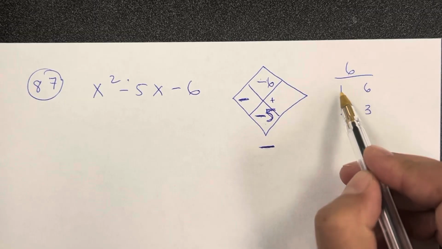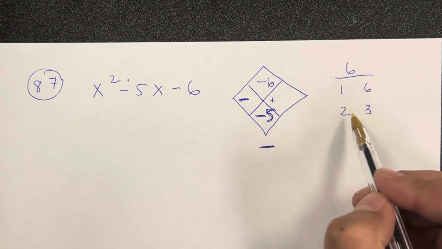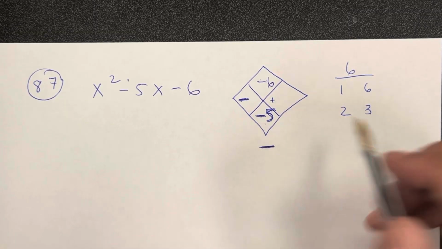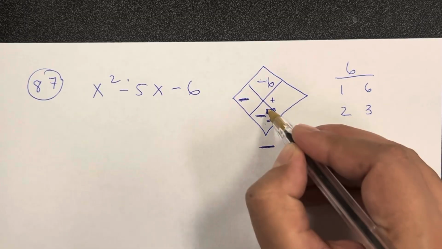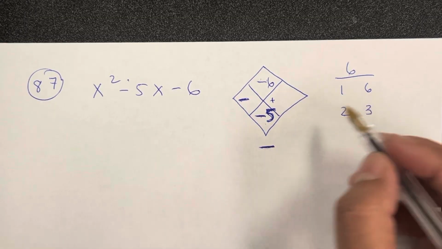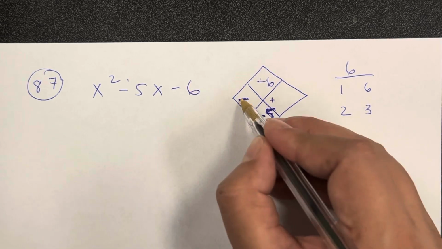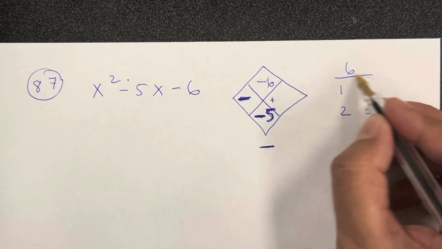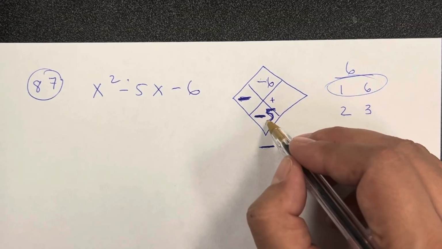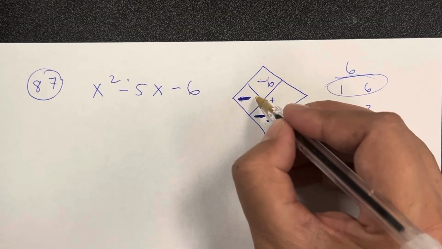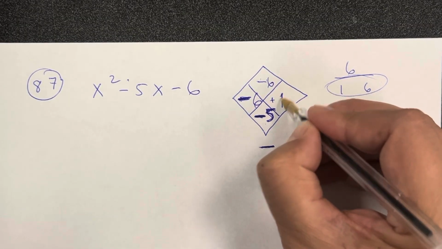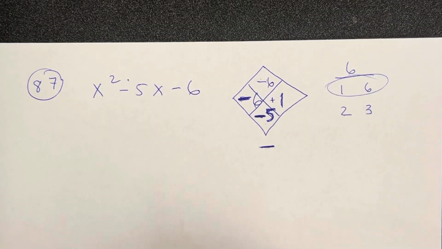Well, 6 minus 1 is 5, because 3 minus 2 will be 1, and this is not a 1, okay? Once we subtract them and it gives me that number, then I look at this: it is negative, so the bigger one is going to be negative. Which one of the two that subtract to 5 is bigger? The 6. That means that the smallest one is 1, and so that's positive.